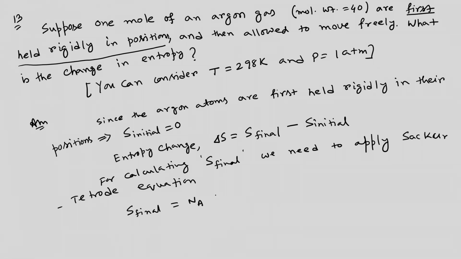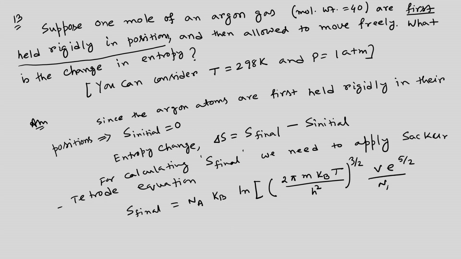So, Na times kB, then logarithm of (2 pi m kB T by h squared) to the 3 by 2 times V e to the 5 by 2 divided by Na. So, 1 mole means Na here, the kB value we know is 1.38 times 10 to the minus 23 in joule units, and m is the mass of argon.